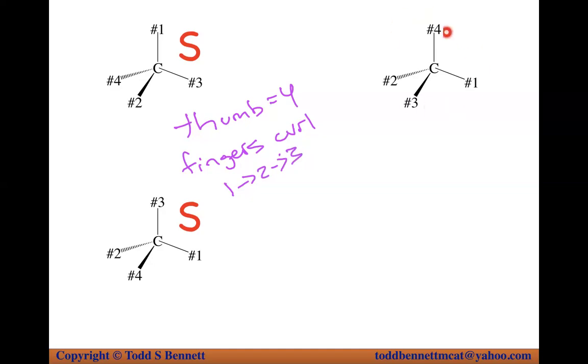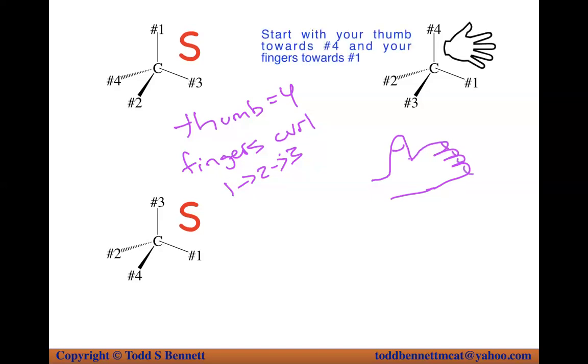So let's take this structure right here. I'm going to put my thumb towards number 4, fingers towards 1. I recommend you do this with your right hand. So have your thumb up here. Fingers like this. So your hand should look something like that. You should be able to see your nails. Not saying they're painted pink, that's the color I happen to have.